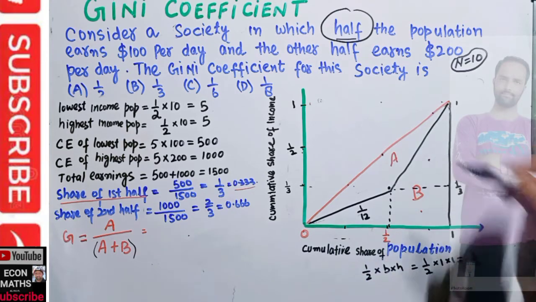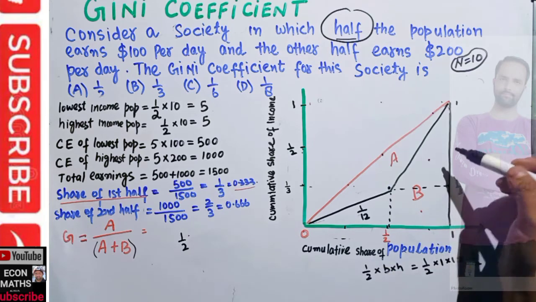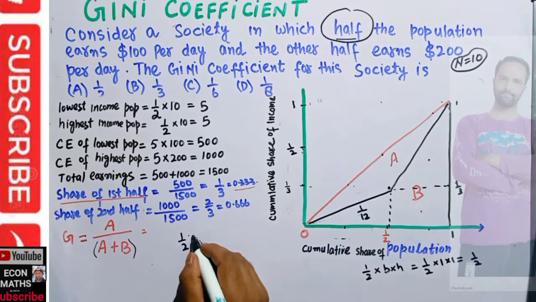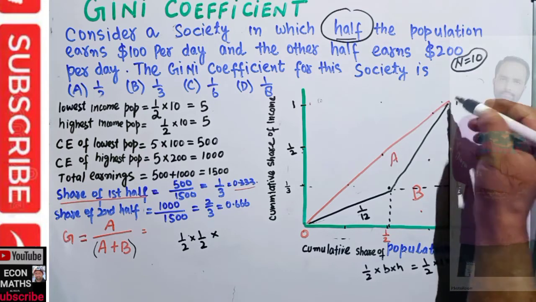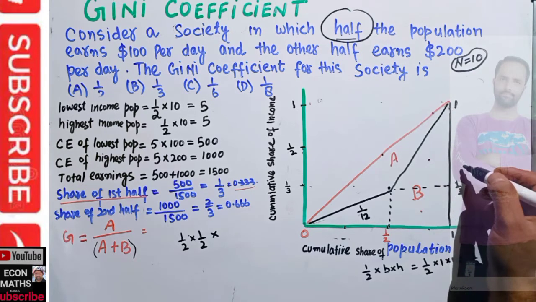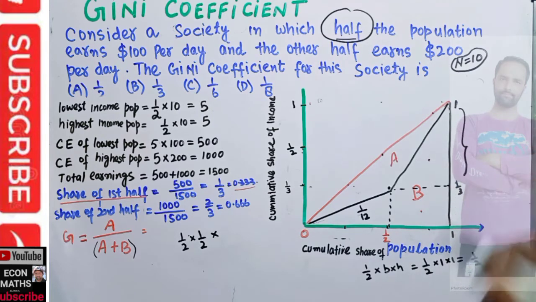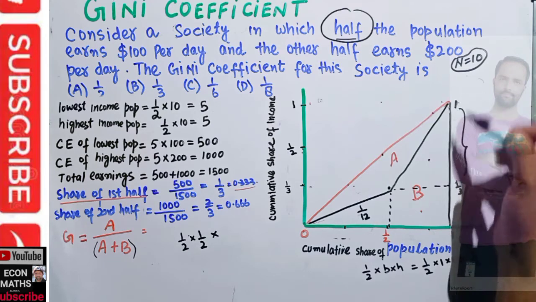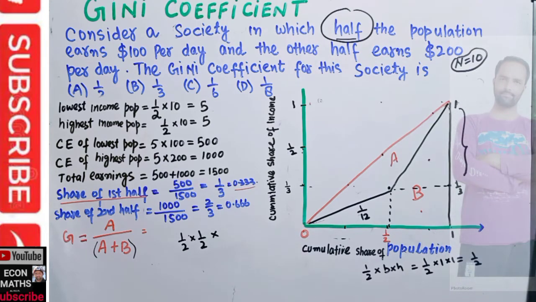The area of this triangle, simple thing, 1/2 of base. What is the base? Since it is rest half, 1/2, here it is 1, so this will be 1/2 again, into the height from 1 minus 1/3, which comes out to be 2/3. If it is 0 to 1, then from this 1/3 to 1, it will be 2/3, which we have calculated.